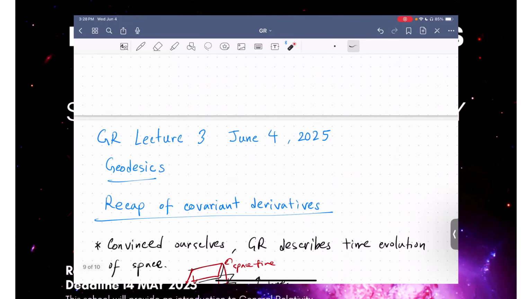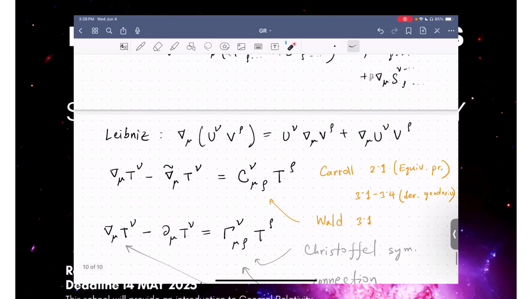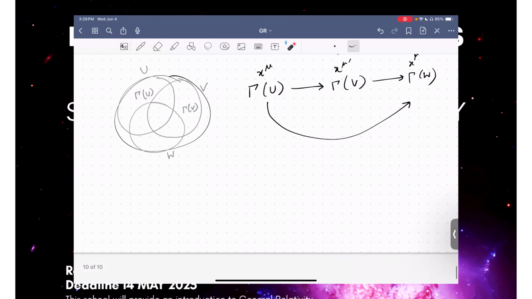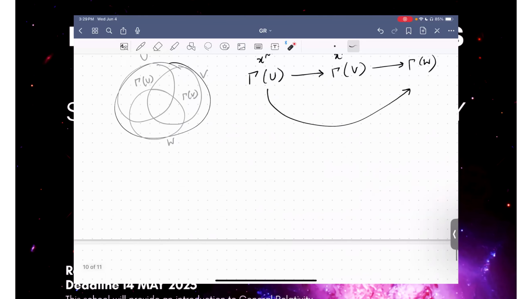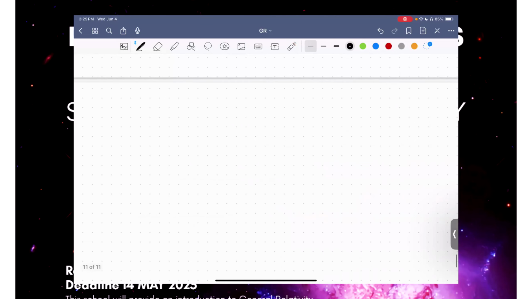So what did I say so far? I can refer to them as linearity and Leibniz. So those will be 1 and 2. So let us put more constraints on our connections.